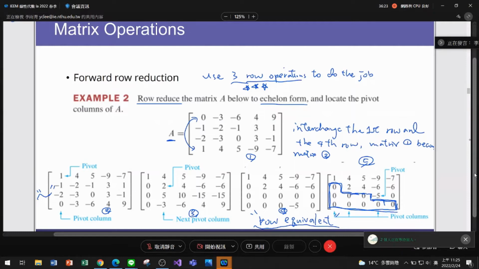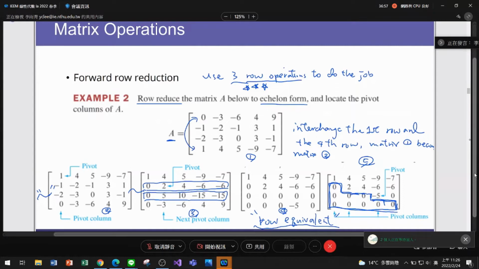And what's next? In the next step, here they want to do the replacement. Basically, we see that in matrix 3, row 2 and row 3 are not the same as in matrix 2. So it means that the second row and the third row are replaced by different multiples.